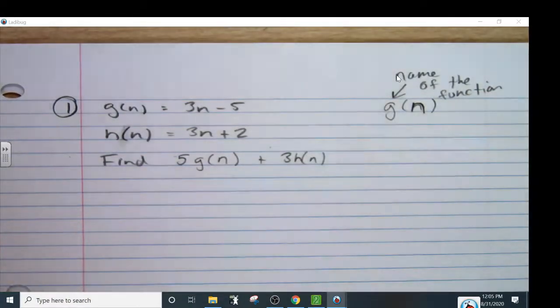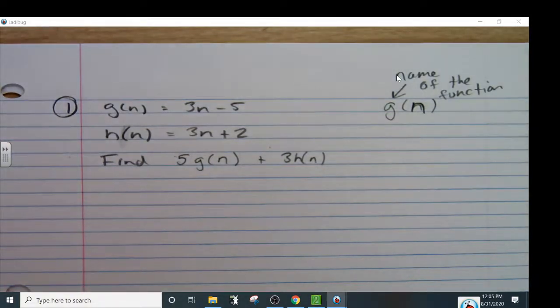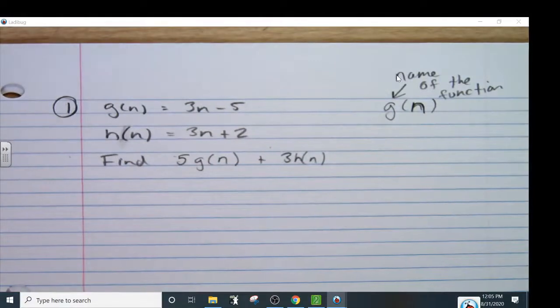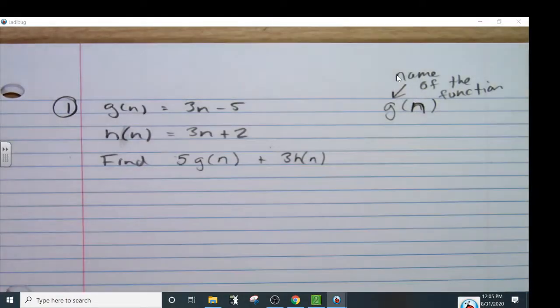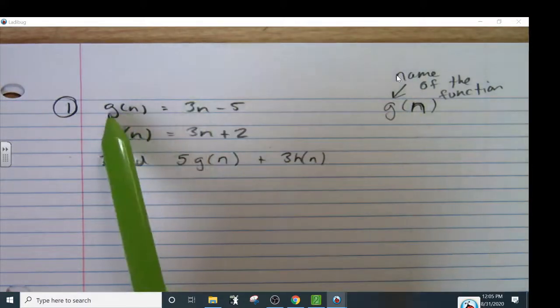And guys, the reason they started using function notation, there are probably different reasons, but as you get further along in mathematics, some graphs have more than one function on them. If there are three or four functions on a graph and I say y equals, you'll be like, which y equals are you talking about? So they started naming the functions by a letter. If I ask you the name of this function, that's function g.